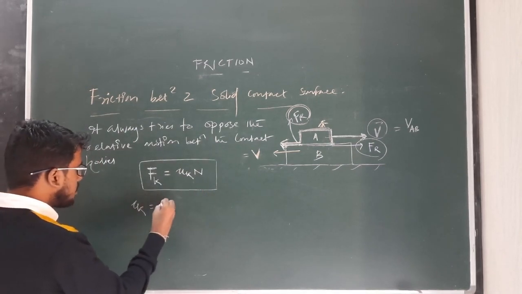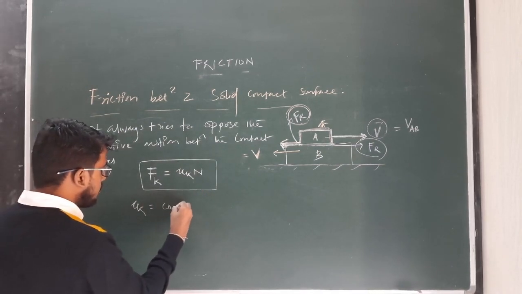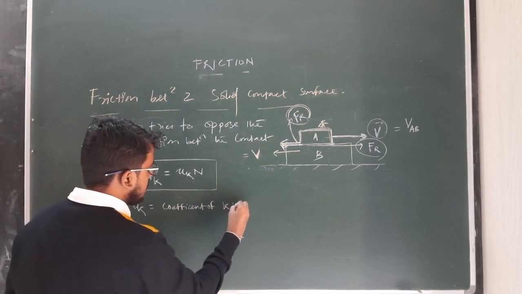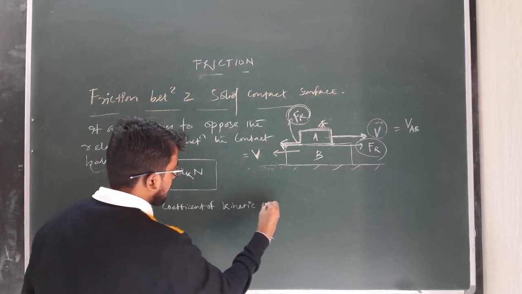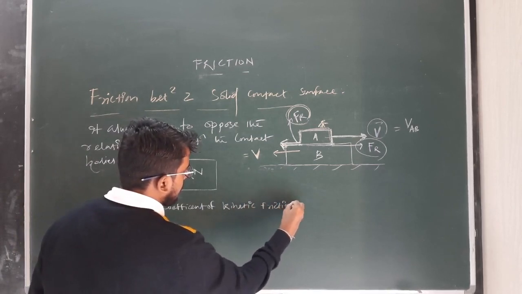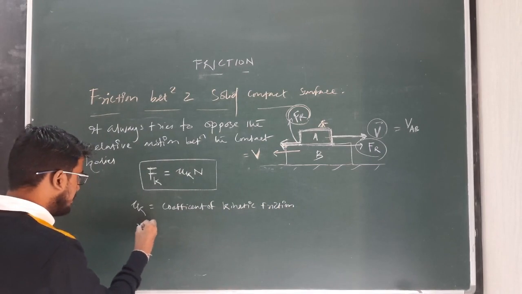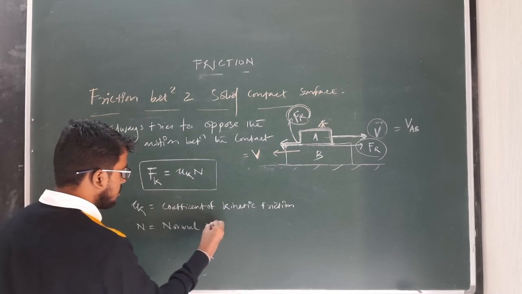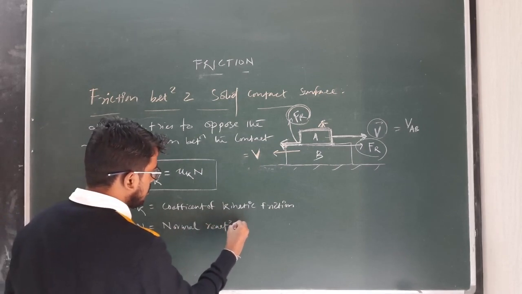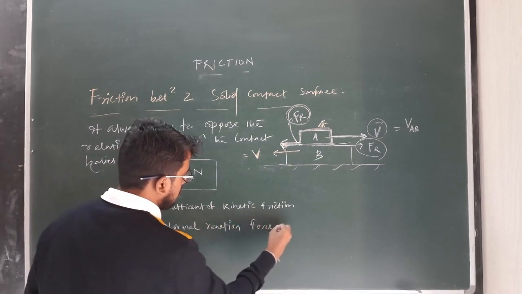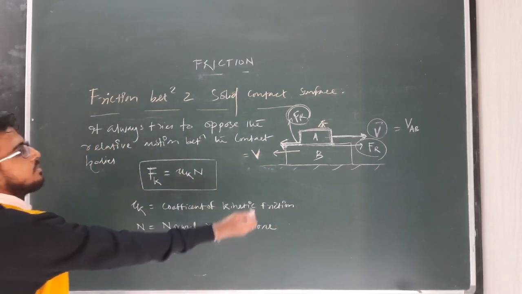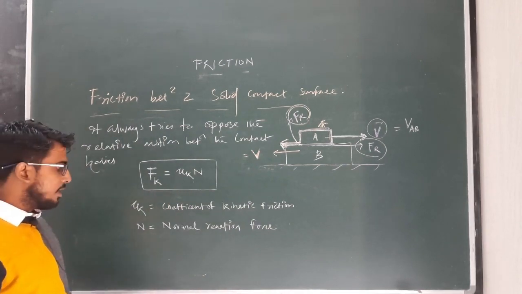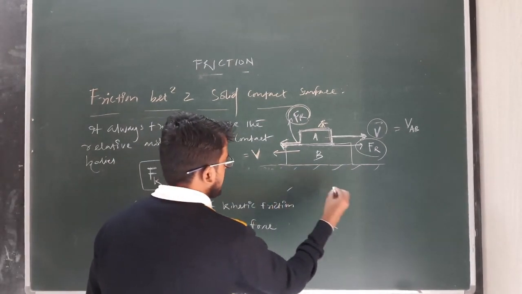So mu k is known as the coefficient of kinetic friction. And what is N? It is known as the normal reaction force. Okay, and the direction we can easily find out in such a way that it always tries to what? Oppose the relative motion.